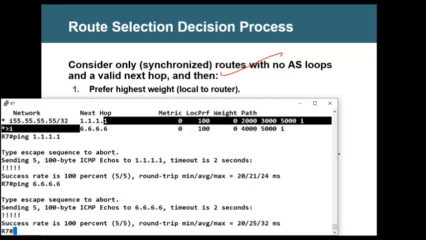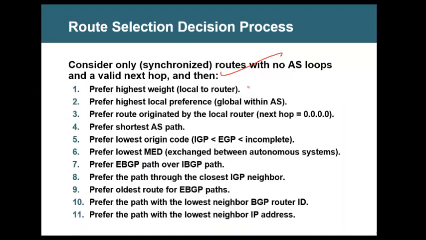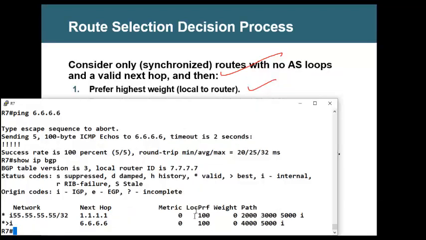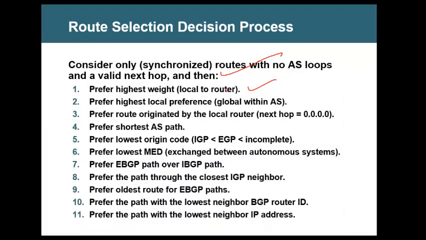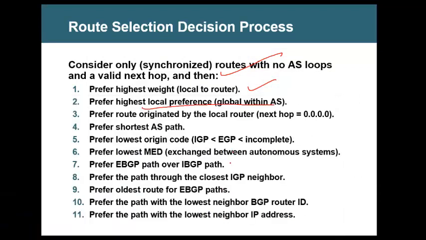So if that is a tie, it is going to check the weight attribute. Weight is also the same for both paths. If that is a tie, then it will check the local preference. Local preference is also a tie. So it will check whether any network is locally originated with the next hop 0.0.0.0.